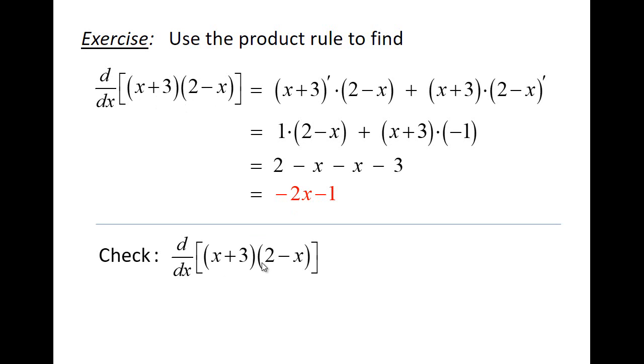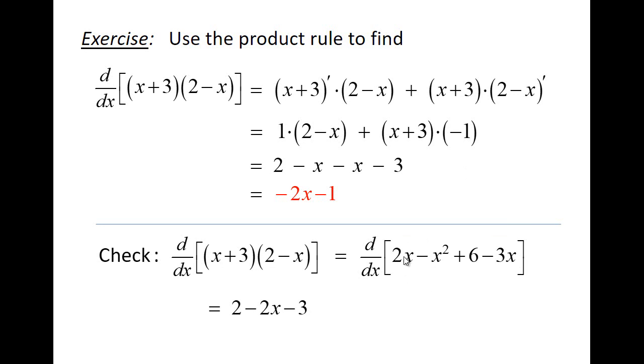If I multiply x plus 3 and 2 minus x, I'm going to get negative x squared and 2x and negative 3x and 6. I should have simplified 2x and negative 3x, but that's fine.